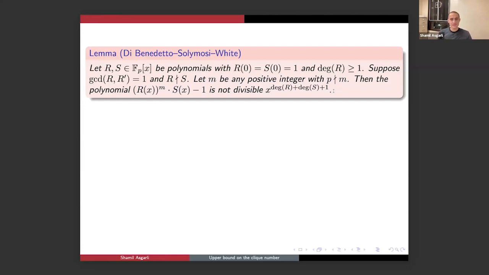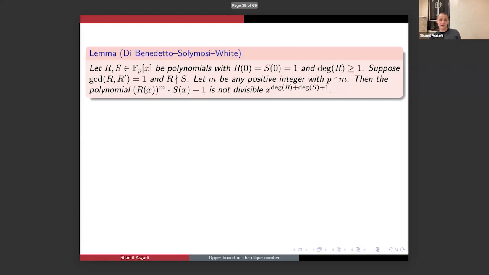Certainly this statement is quite self-contained, but it's not so easy. We need to actually give a detailed proof. It's worth thinking about the constant term for a moment. If you look at this polynomial R(x) to the m times S(x) minus 1 and plug in x equals 0, you get R(0) to the m times S(0) minus 1.